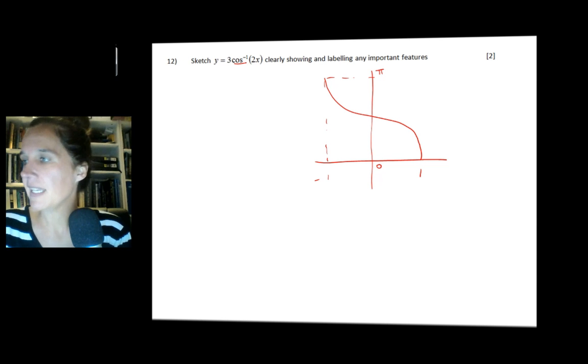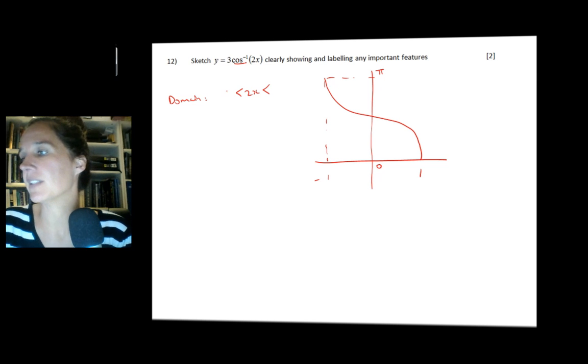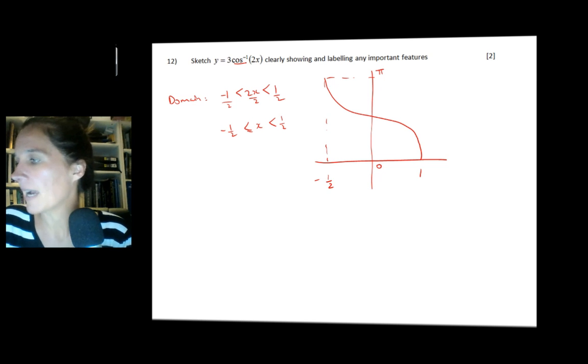So now we've got here this 2x in the middle. If we think about our domain, this affects our domain. We've got our 2x is between 1 and minus 1. So if we divide through by 2, we get minus a half is less than or equal to x, which is less than or equal to a half. So these values become a half.